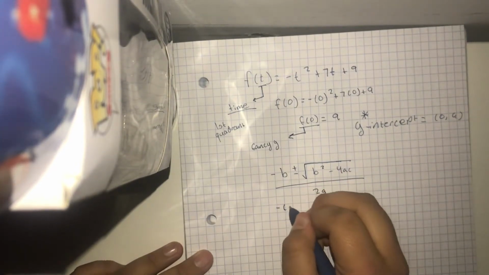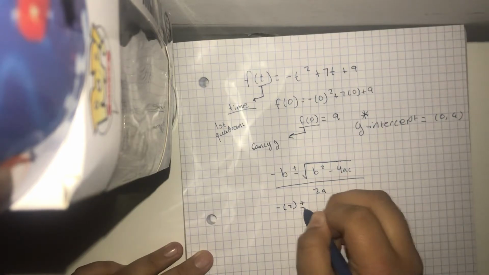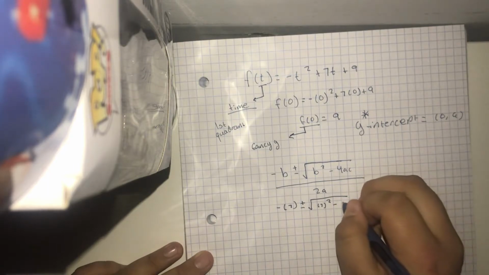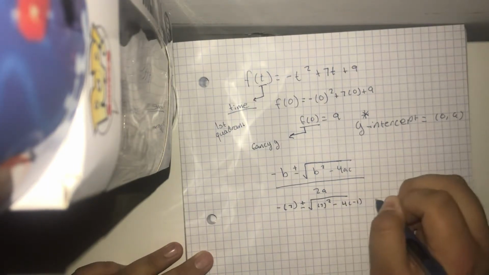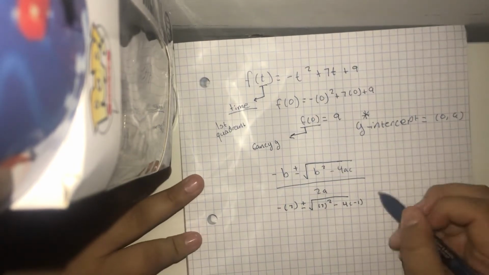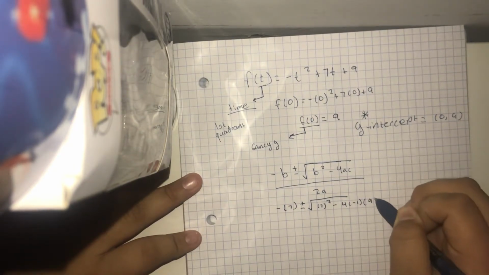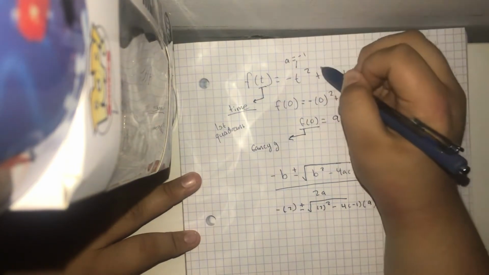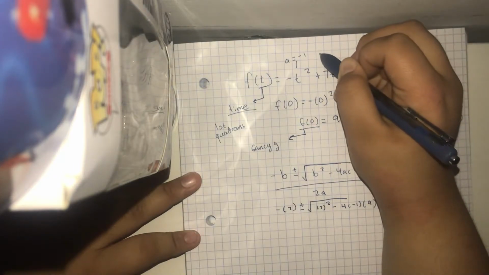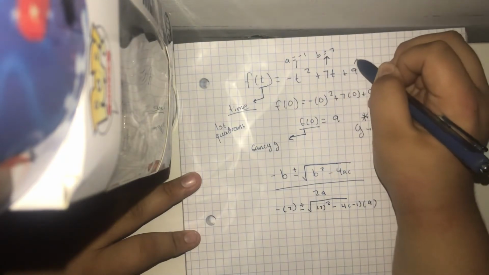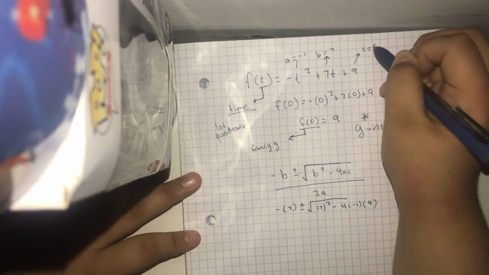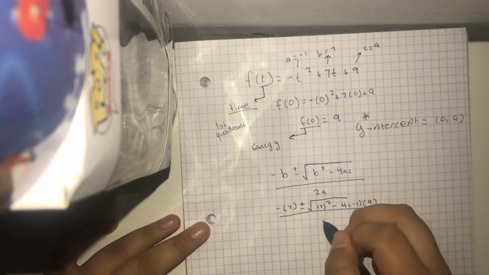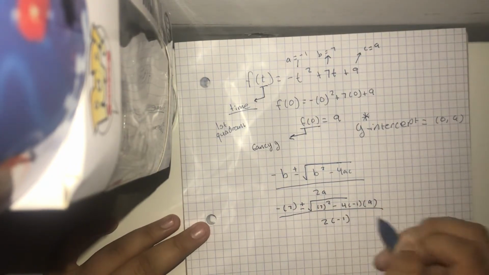When you substitute it in, you get negative 7 plus or minus the square root of 7 squared minus 4 times negative 1 times 9. A is equal to negative 1, b is equal to 7, and c is equal to 9. That's a quick note. All over 2 times negative 1.